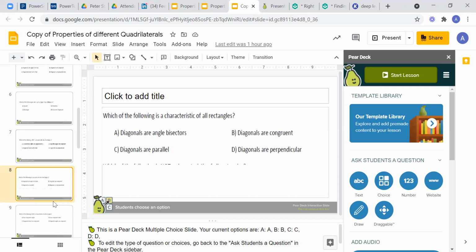No, since the diagonals are congruent, that means the diagonals bisect each other. If they bisect each other, then they cannot be parallel. So C is wrong, A is wrong. You still have two options left, and one of the two is right. B, yes, in a rectangle, diagonals are always congruent. So the property of diagonals in a rectangle, diagonals are congruent and they bisect each other, like what we did yesterday.